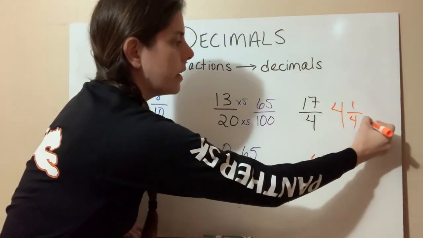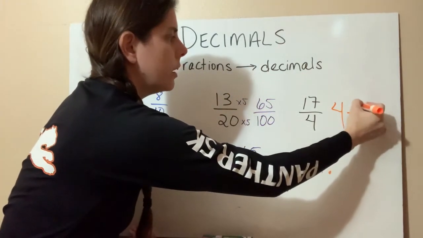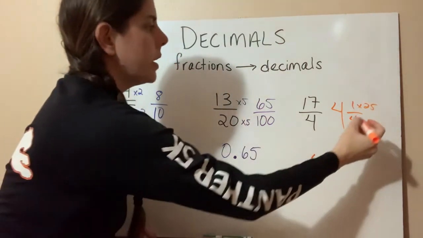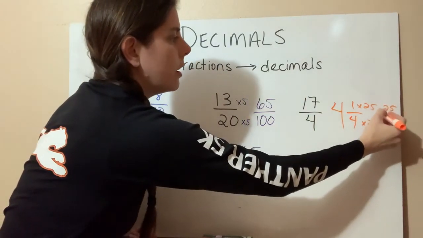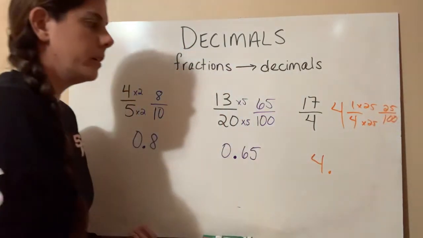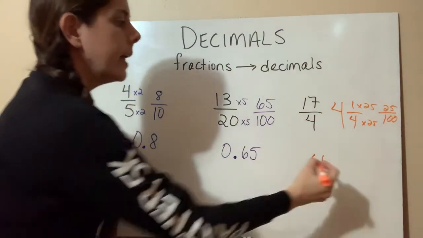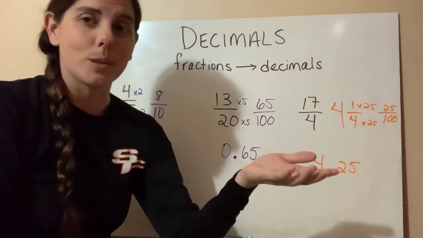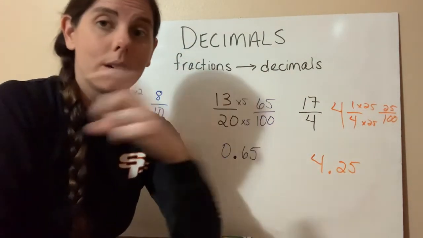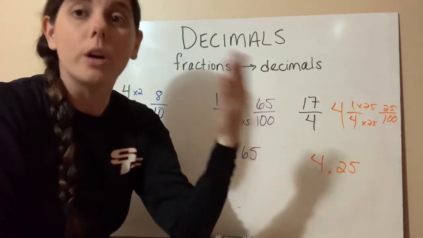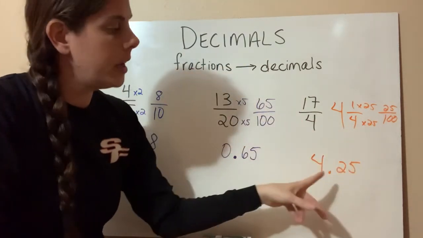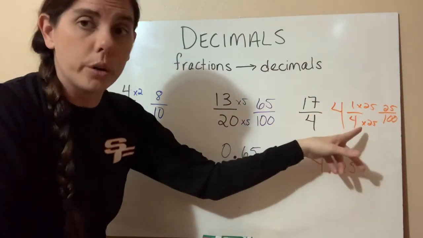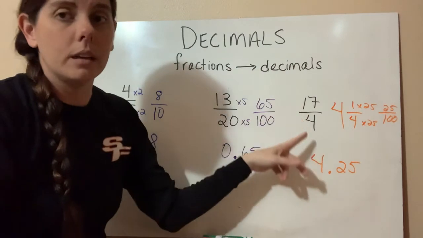So we multiply by 25 on the top and the bottom, and our new fraction is 25 over 100. So 1/4 in decimal format is 0.25, which makes sense because when we're talking about money, $1 is 100 cents and $0.25 is 25 cents. So 4.25 would be the decimal equivalent of 4 1/4, or 17 over 4.